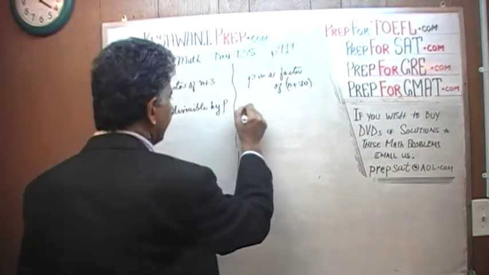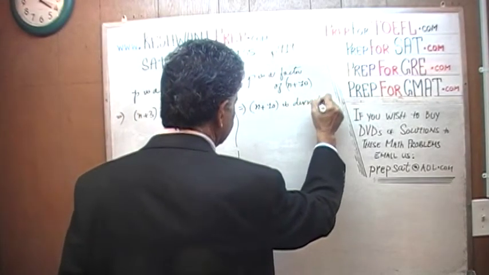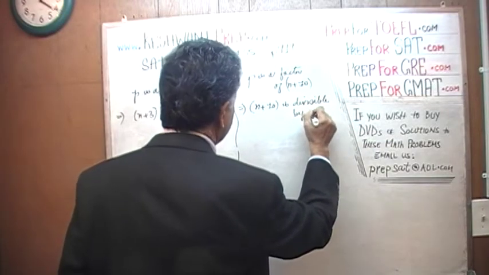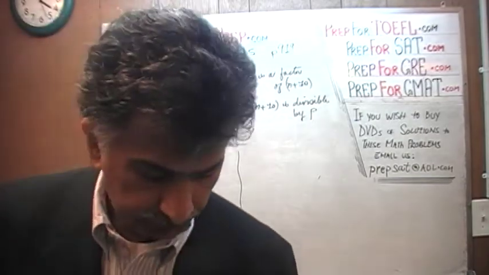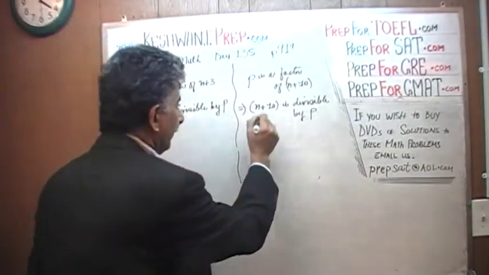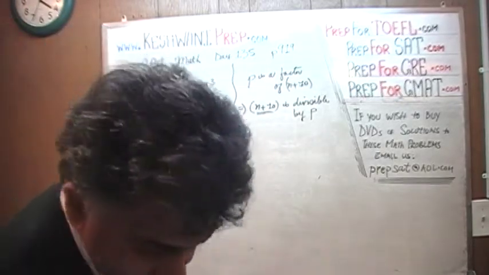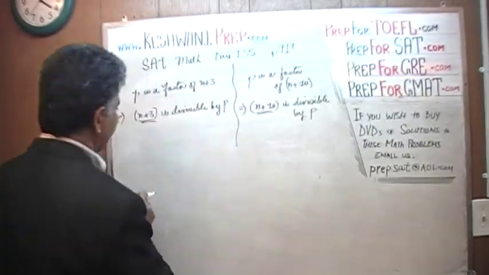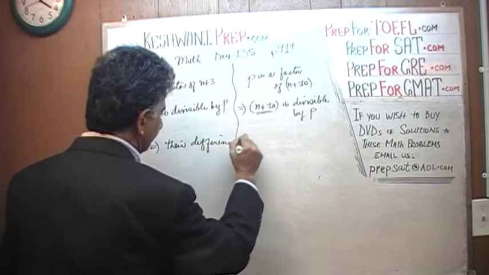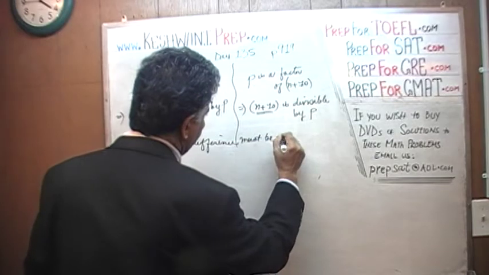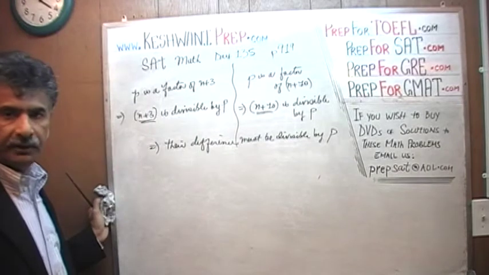That implies that n plus 10 is divisible by P. Well, if n plus 3 is divisible by P and n plus 10 is divisible by P, then their difference must be divisible by P. Let's find out what their difference is, shall we?